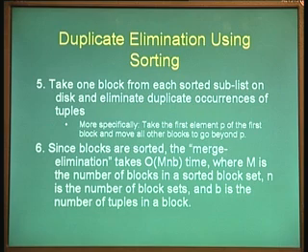Such a kind of merge elimination takes an order of m times b times n time, where m is the number of blocks in a sorted block set, that is, one of the intermediate result block sets that we have stored, b is the number of tuples in a block, and n is the number of such block sets. If you remember merging algorithms, a merging algorithm between two lists of size m and n would take an order of m plus n time.